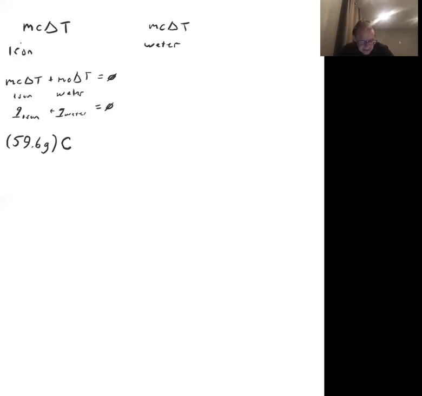And then delta T for the iron, that's the final temperature, which is 26.6 minus the initial, which is 96.6. Okay, so this is mc delta T for the iron.